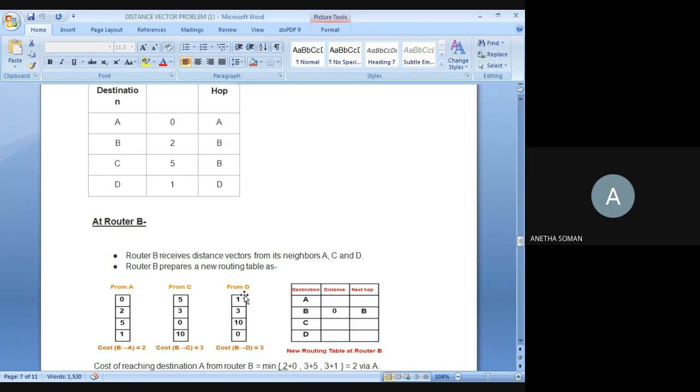Okay, now you find out what is the cost of reaching destination C through router B. Tell me the value.